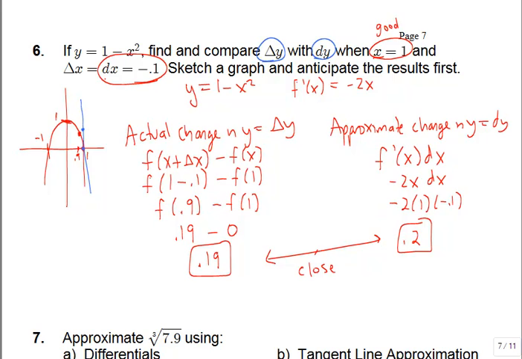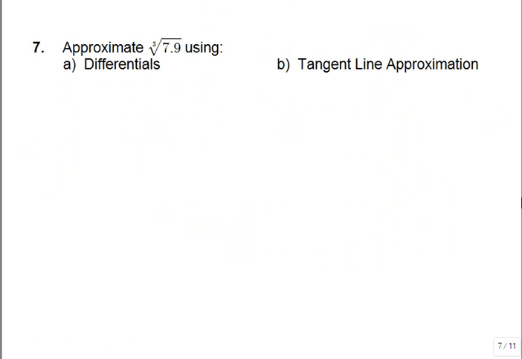Okay? Now the next example is pretty typical of things you would see in your homework in the textbook. Suppose you wanted to approximate the cube root of 7.9, and we're going to do it our two different ways, the differential approach and the tangent line approximation approach. For the differential approach, we're basically using this formula.